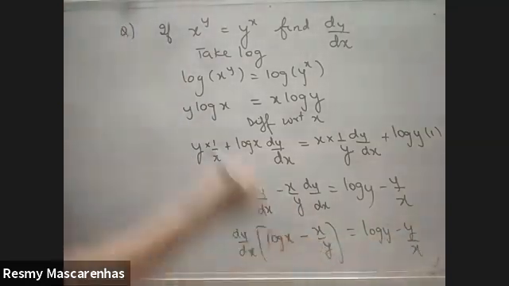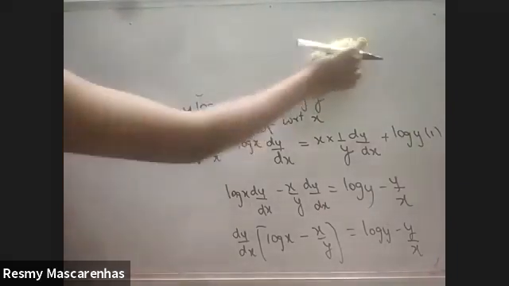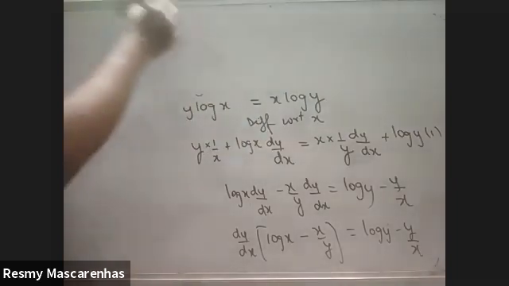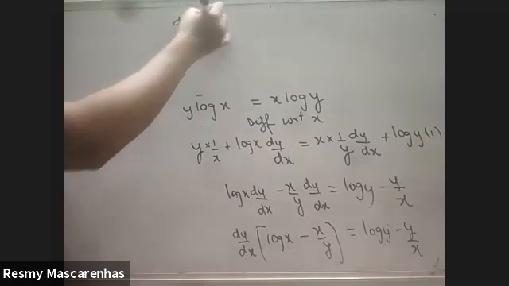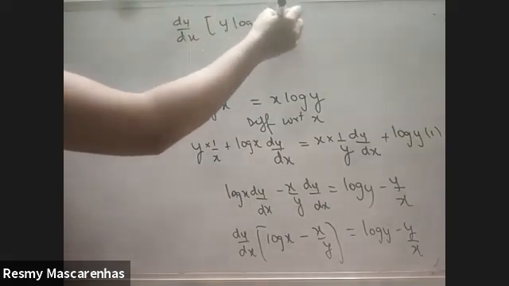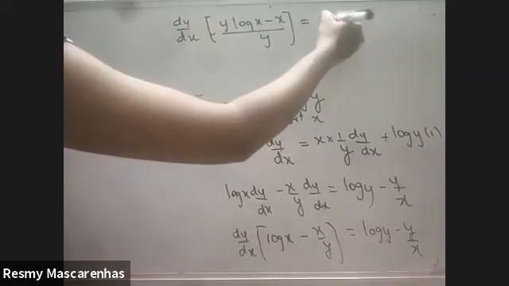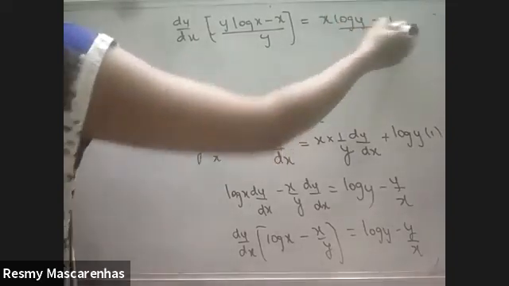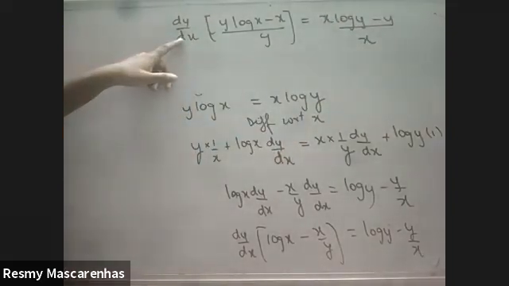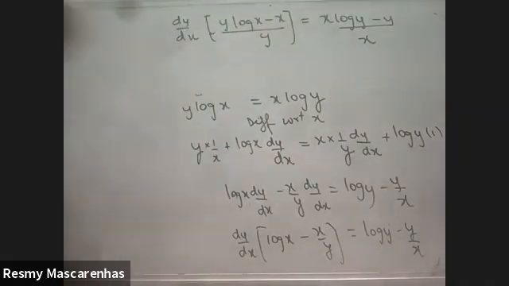And now you cross multiply. And then keep dy by dx here only and take the remaining terms on the other side.